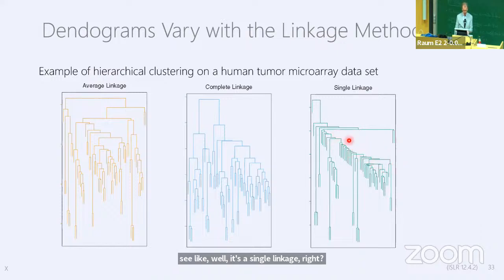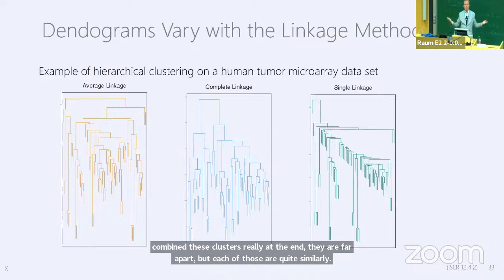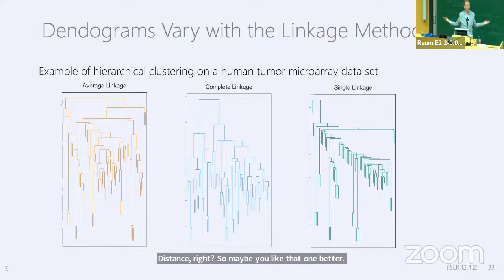And maybe actually here you like this one better because you can see that once we start to combine these clusters really at the end, they're far apart, but each of those are quite similarly distant. So maybe we like that one better. I don't know.